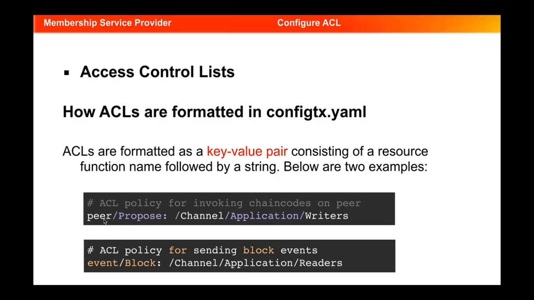In the first example, the access to the left-hand side, which is peer/Propose, is restricted to identities satisfying the policies defined at the canonical path, which is the right-hand side, /Channel/Application/Writers. And it is the same for the second example as well.